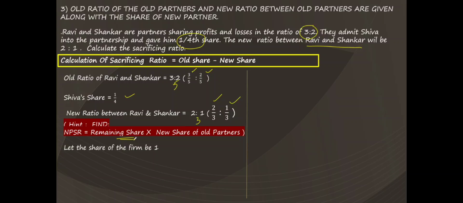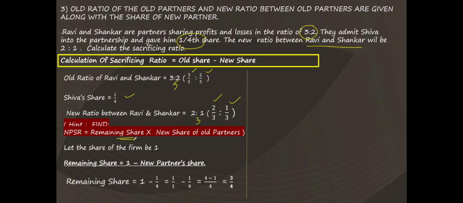The remaining share is equal to 1 minus the new partner's share, that is 1 minus 1/4, which can also be written as 1/1 minus 1/4. Now, to find the LCM, the common denominator, 1 can be converted to 4 by multiplying the numerator and the denominator by 4. So it will be 1 4s are 4 minus 1 divided by 4, which will be 3/4.